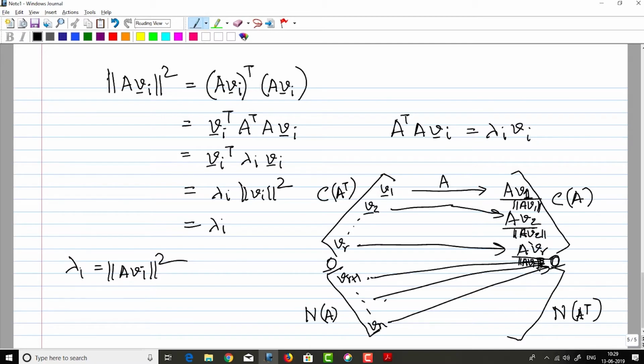Then our mapping will be ui equal to AVi by norm of AVi, which is equal to AVi over sigma. This is the singular value corresponding to the ith singular value of the matrix A transpose A.